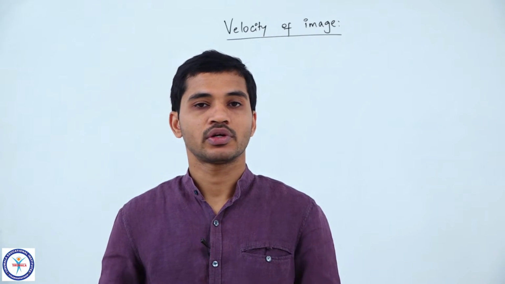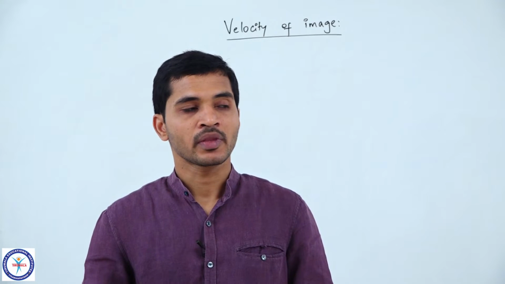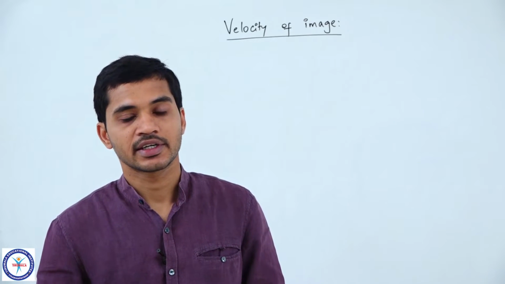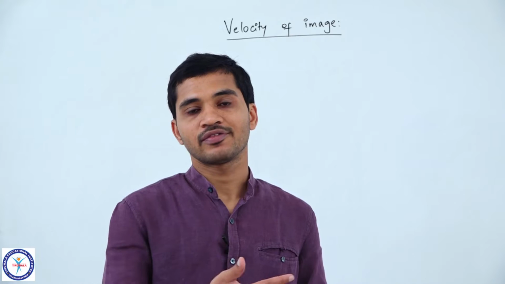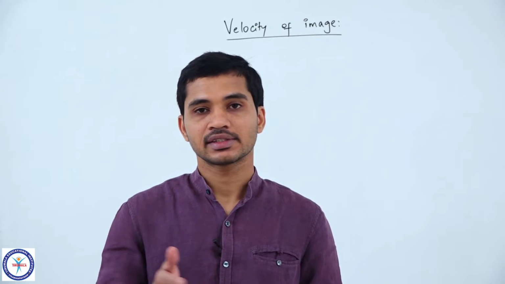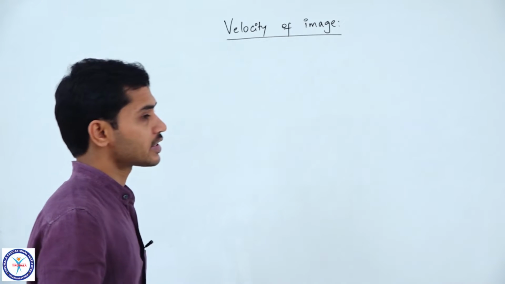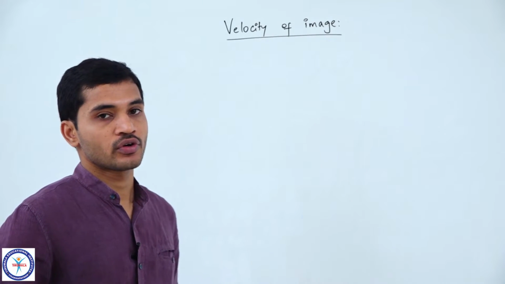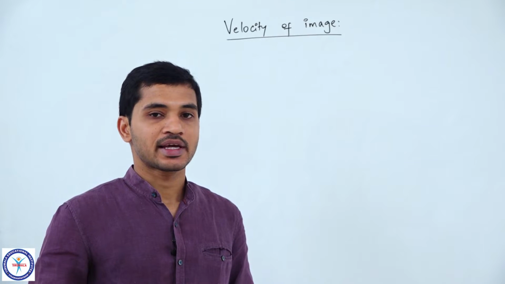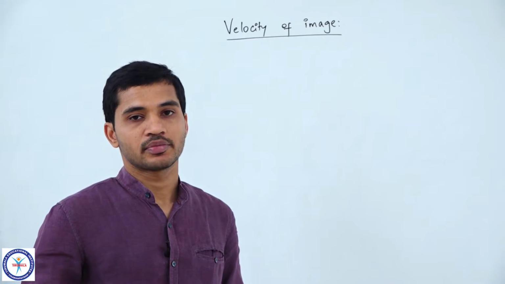Velocity of image is equal to velocity of object, right. So, we will be doing similar derivations now separately for along the principal axis and perpendicular to the principal axis. So, let us see that. First let us do the derivation for perpendicular to the principal axis and then we will move on to parallel to the principal axis.